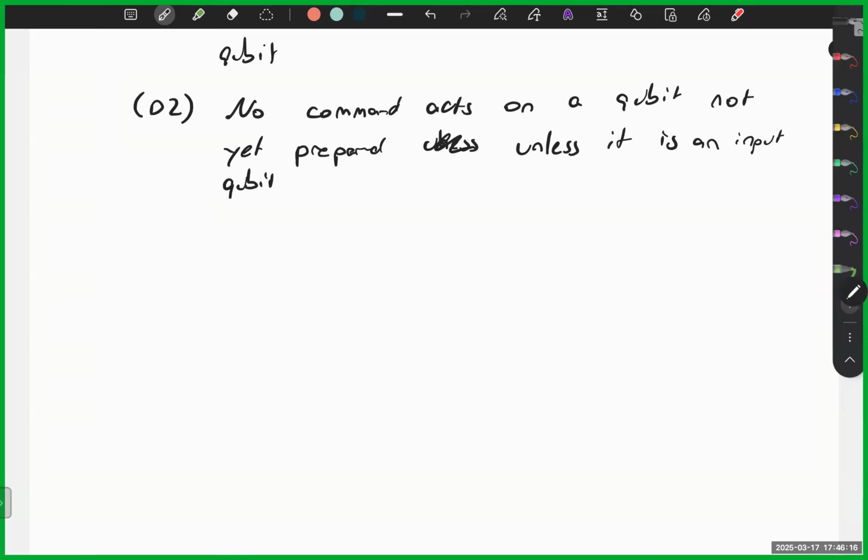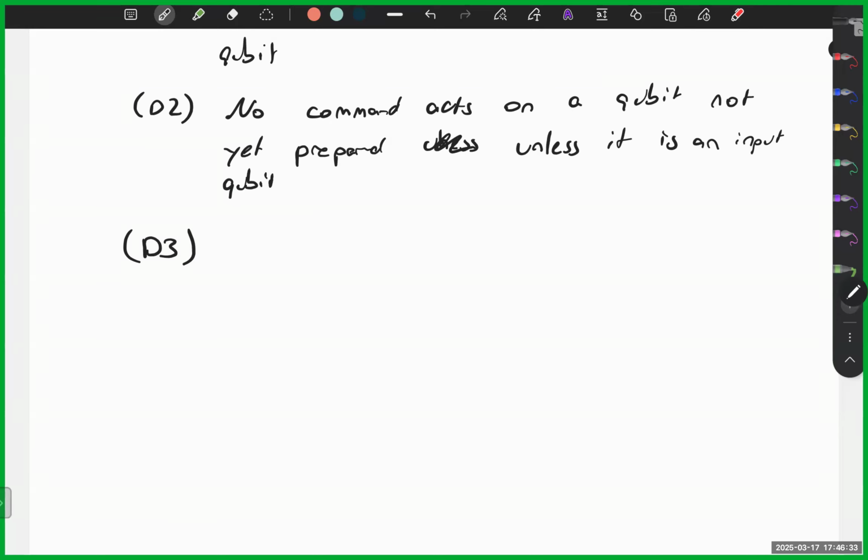We have the input qubits and the others are prepared in the plus state. So if something comes before the preparation, we don't know the state, so we cannot do the operation. So we have those restrictions.